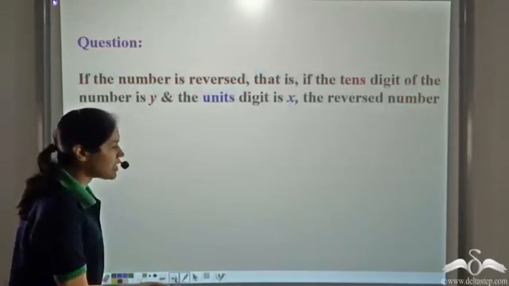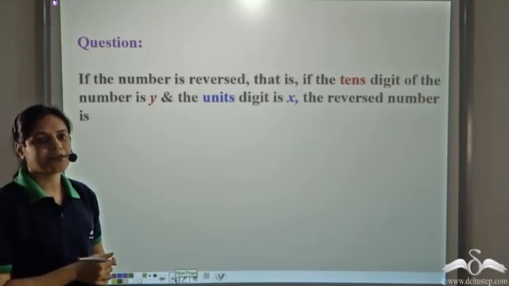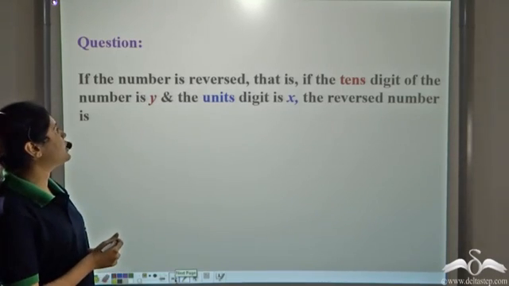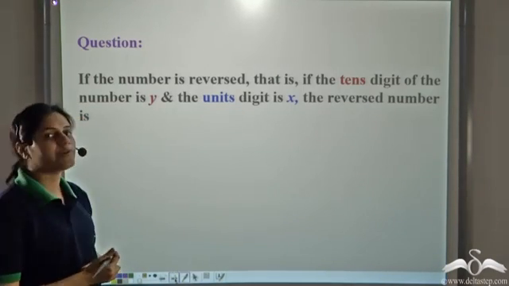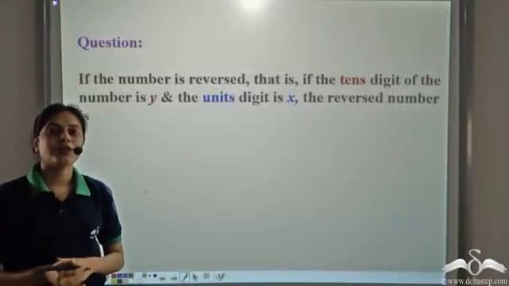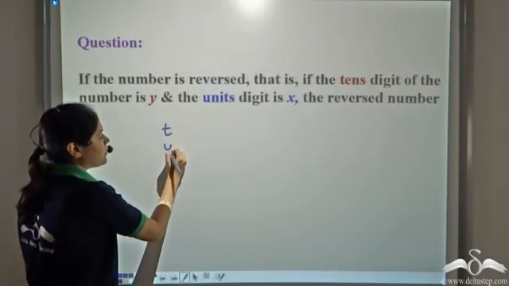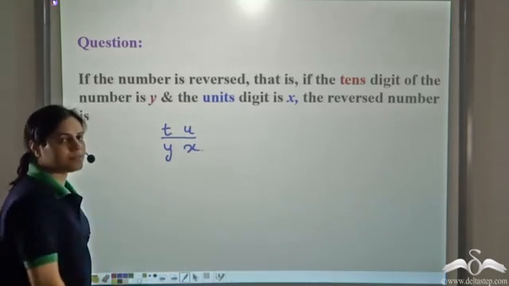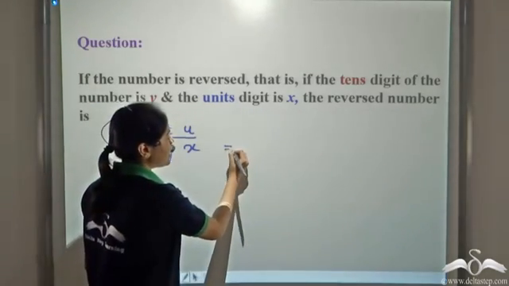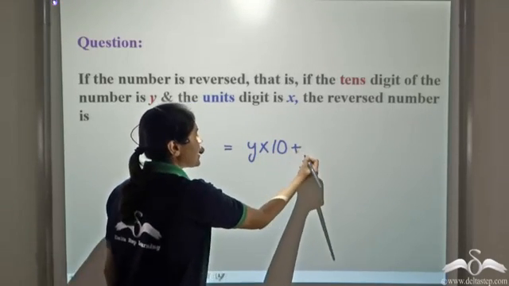Now, can you answer this question? If the number is reversed, that is, the tens digit of the number is y and the units digit is x, the reversed number is. Now, if the tens digit is y and the units digit is x, the number can be written as y into 10 plus x into 1.